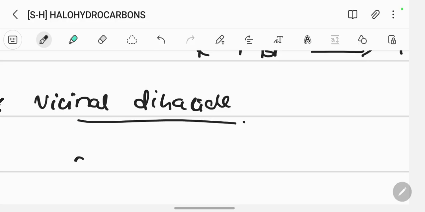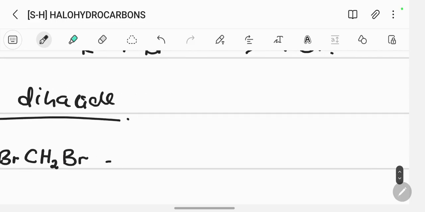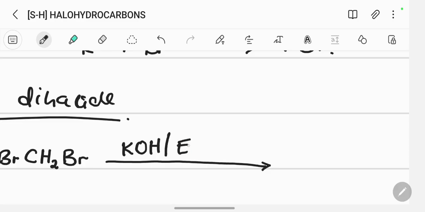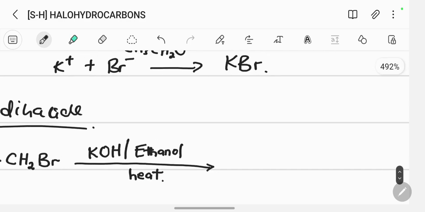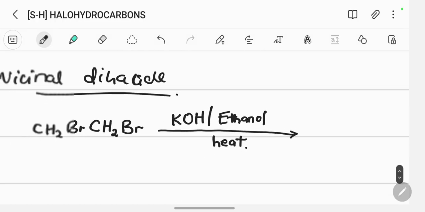So it's going to be an example, CH3, CH2Br, CH2Br, and when I add the potassium hydroxide and the ether, and you heat, what do we get? We shall find out.